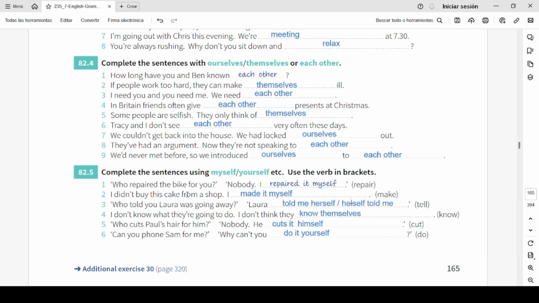Okay. The next one. I don't know what they are going to do. I don't think they know themselves. Right? The next one. Who cuts Paul's hair for him? Nobody.